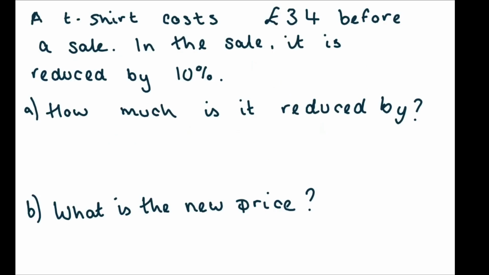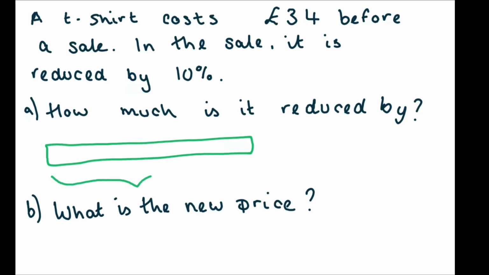Okay, so now I want to have a look at some worded questions. So a t-shirt costs £34 before a sale. In the sale it is reduced by 10%. So how much is it reduced by? So first of all, we need to think about finding 10% of that £34. So my bar here is worth £34. I'm going to split it into 10.